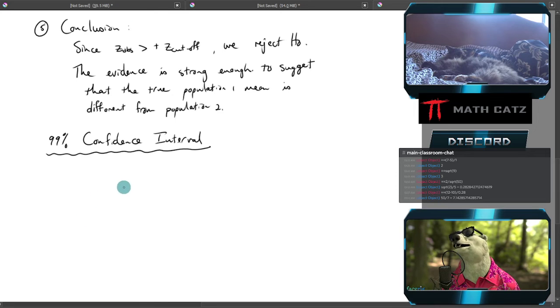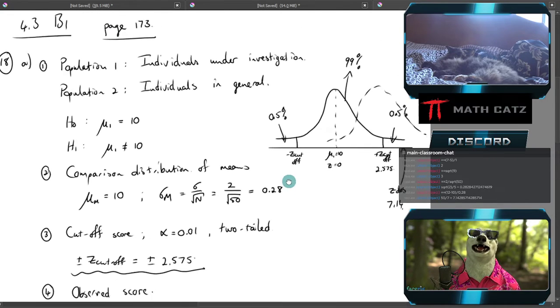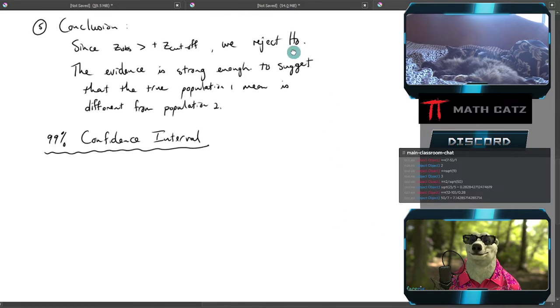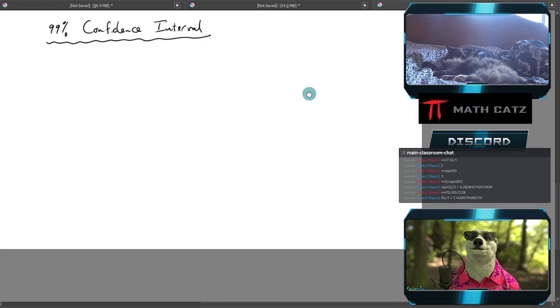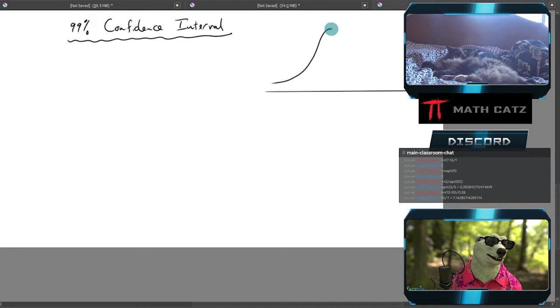So remember that we've now concluded that the evidence suggests that the mean is somewhere else. We don't know what it is. Our best guess for the mean is our sample mean of 12. So let me briefly visualize this on a new graph, just for convenience, to not have the other one be too messy.